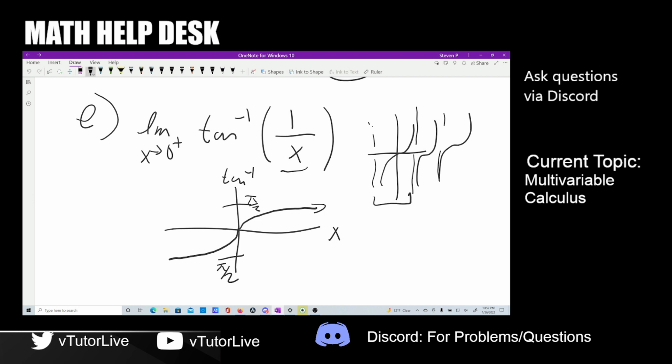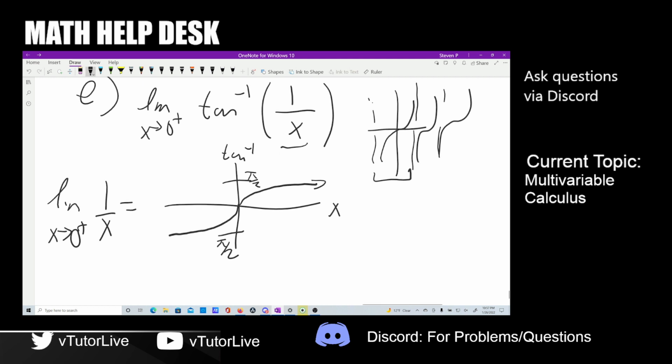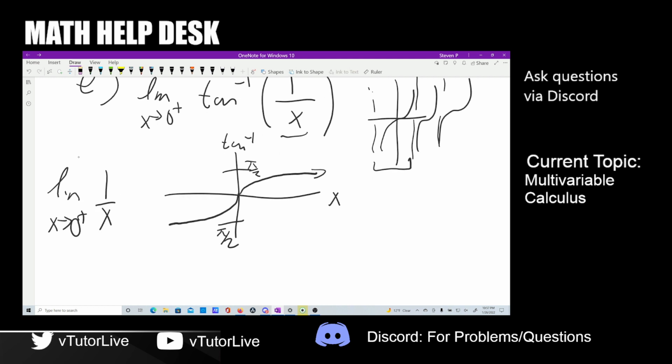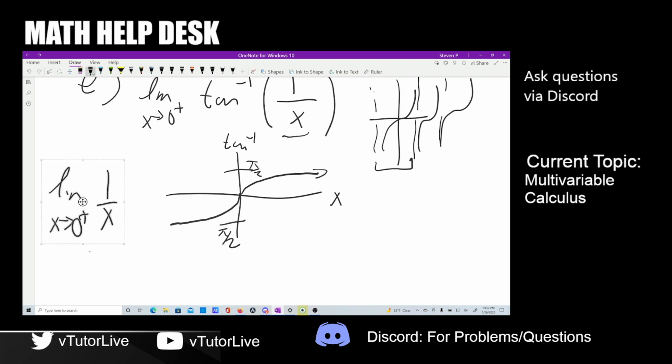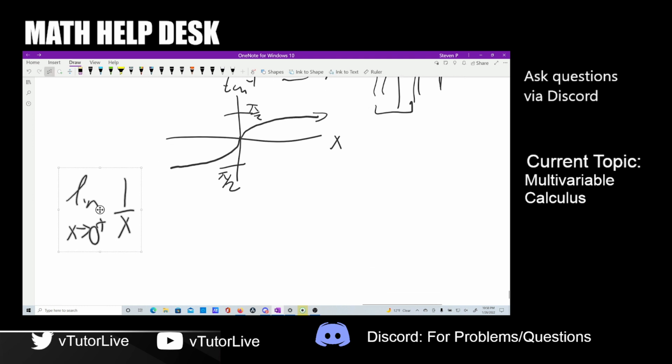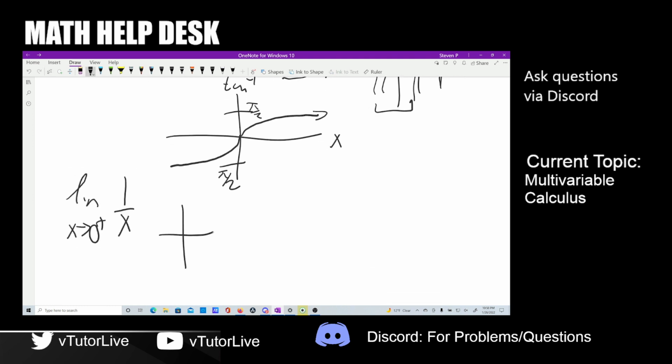So break this down into 2 layers. What is the limit as x approaches 0 from the right of just 1 over x? Sorry, maybe I should just drag this down a little bit to do this problem in steps. But to remind you, 1 over x basically looks like this, right?